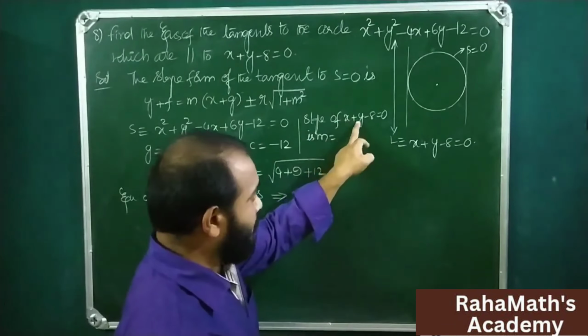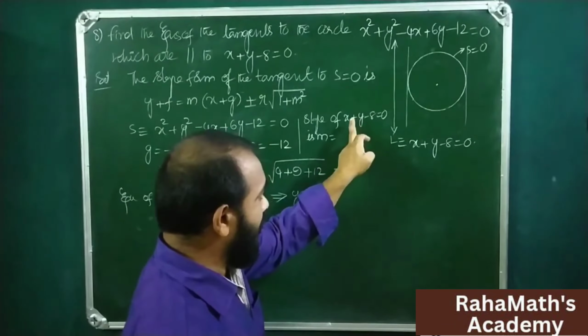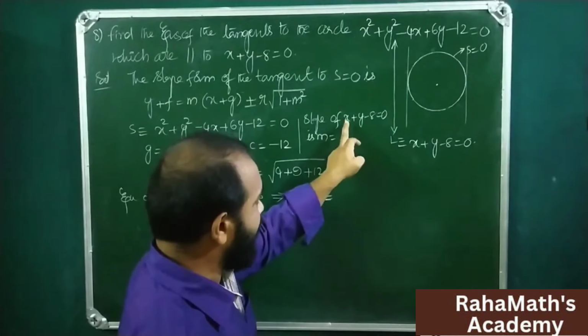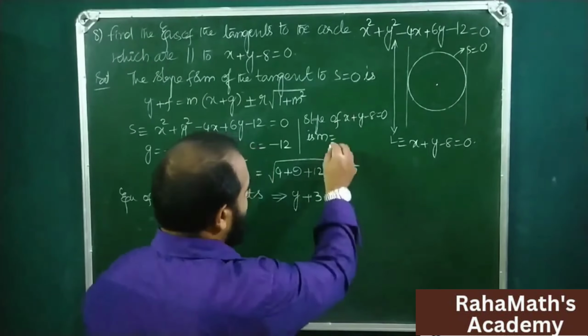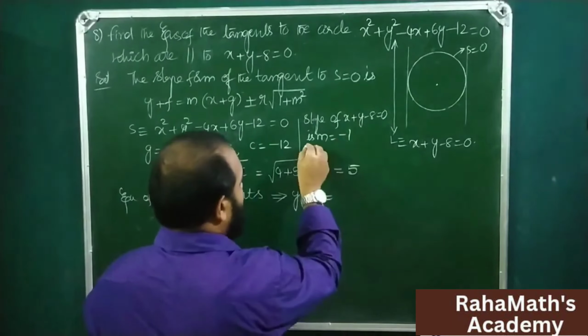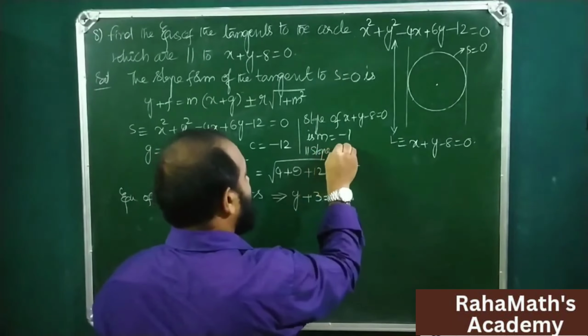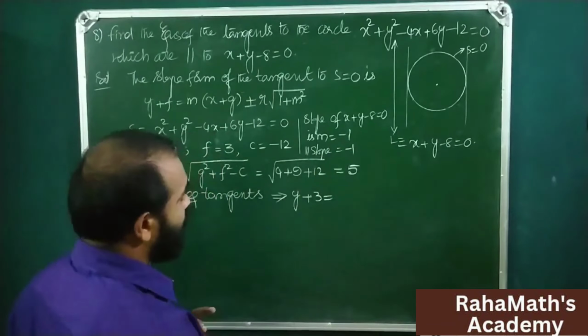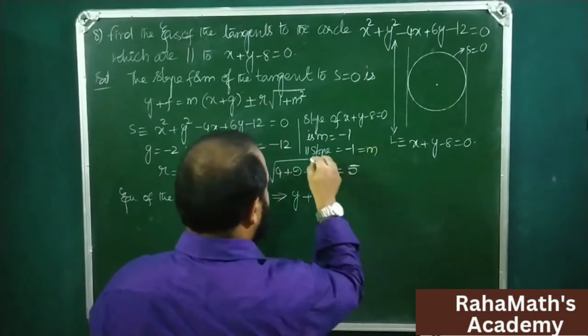For the line ax + by + c = 0, the slope is m = −a/b, minus x coefficient by y coefficient. So −1/1 = −1. Therefore the parallel slope is also the same, −1.